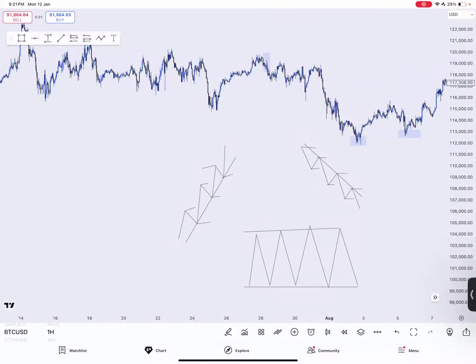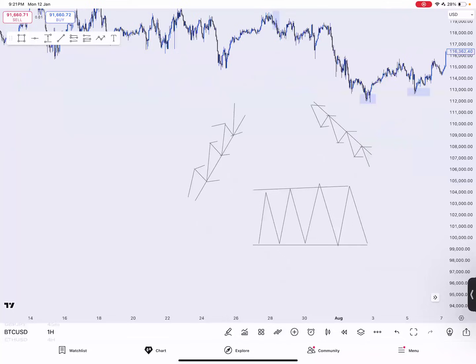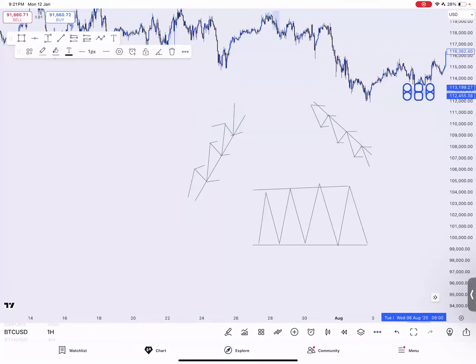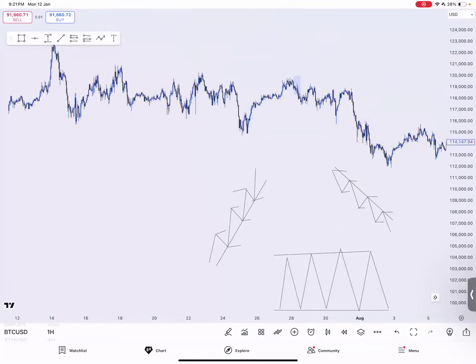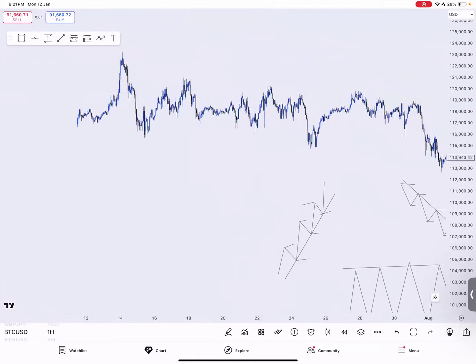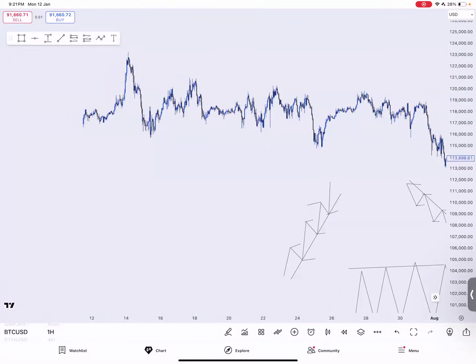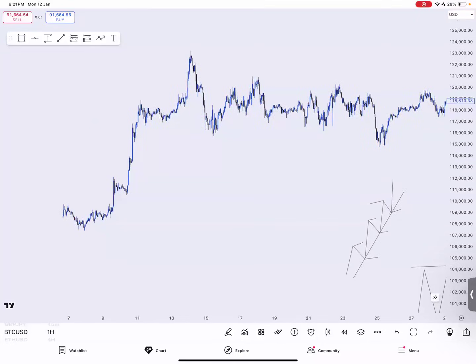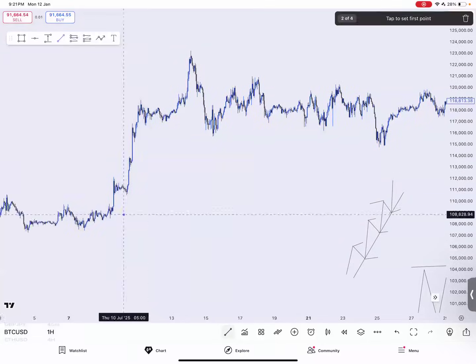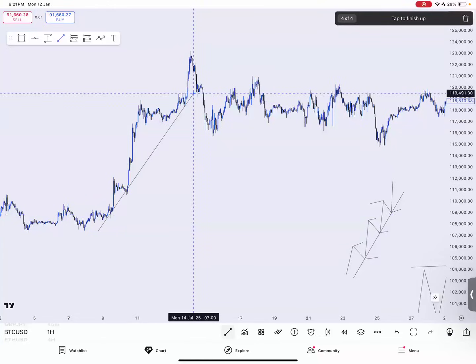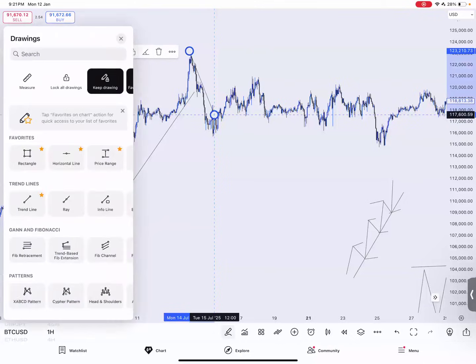Okay, so these are the three patterns that markets make their movement with: the uptrend, the downtrend, and the ranging market. There's no way you open up your charts and wouldn't see market either trending to the upside, trending to the downside, or ranging. It's always fixed. Either price is trending up, trending down, or ranging.